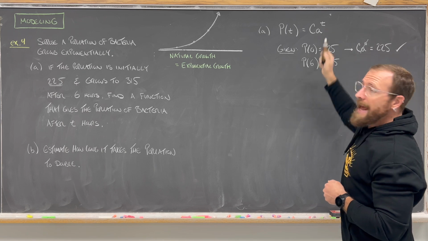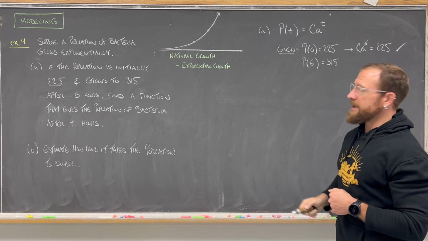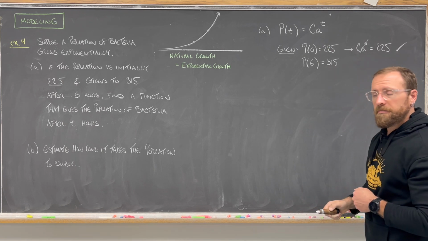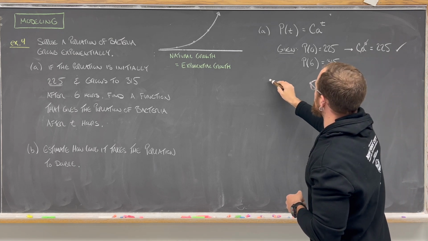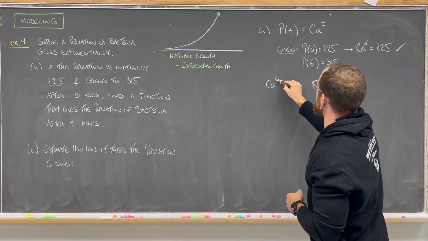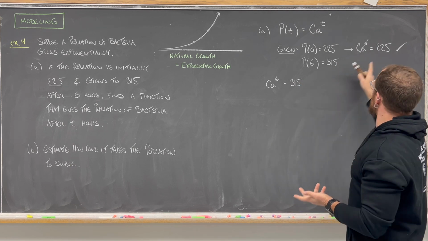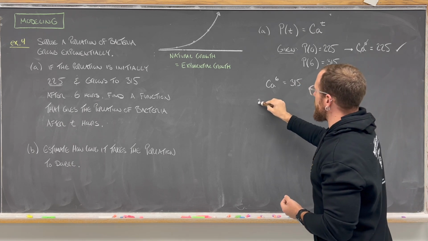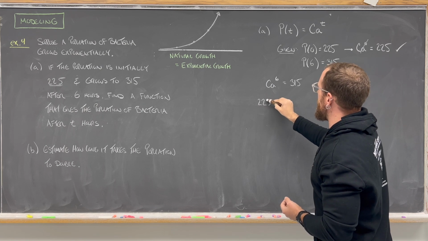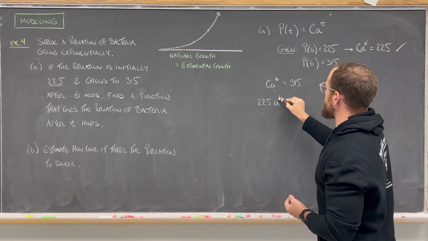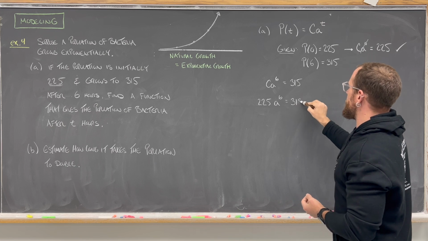To figure out a, I'm going to go to this next clue that says that P of 6 is 315. So that means that C times a to the 6th power is 315. And I already know that C is 225, so 225 times a to the 6th power is 315.